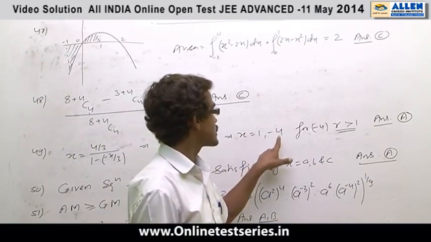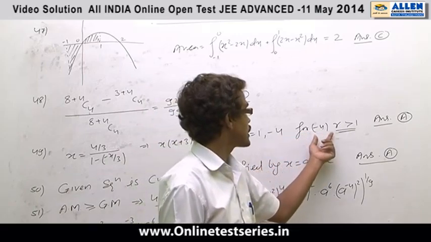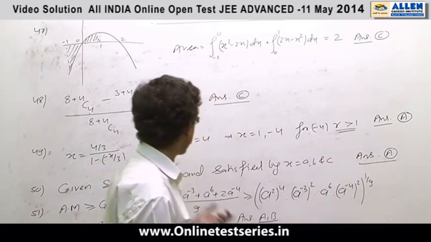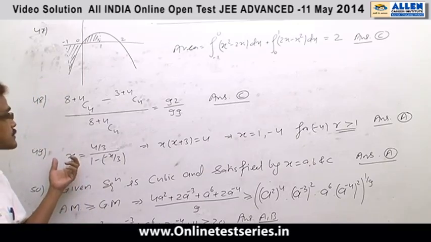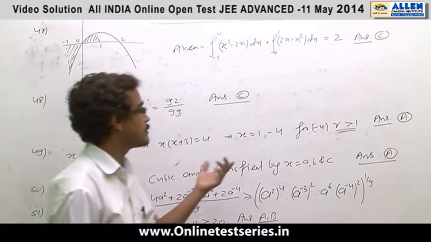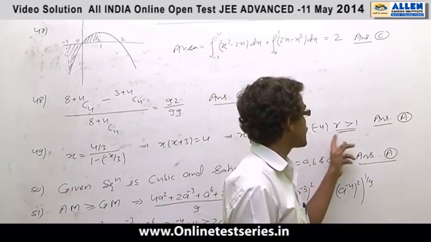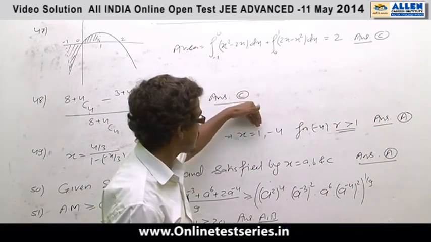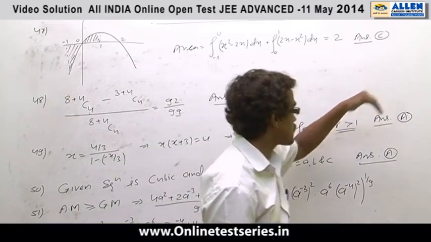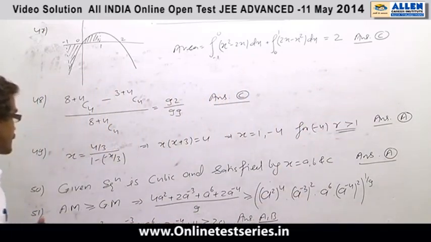But for x is equal to minus 4, the common ratio becomes greater than 1, and in that case the infinite series does not converge. So the only correct value of x is x is equal to 1. So that's why option A is correct for this question.